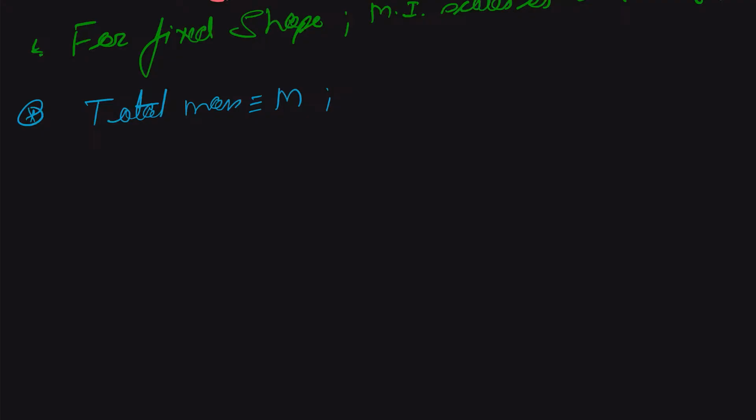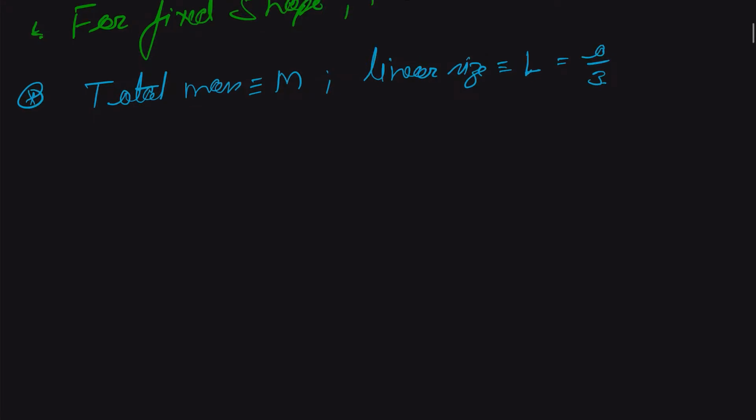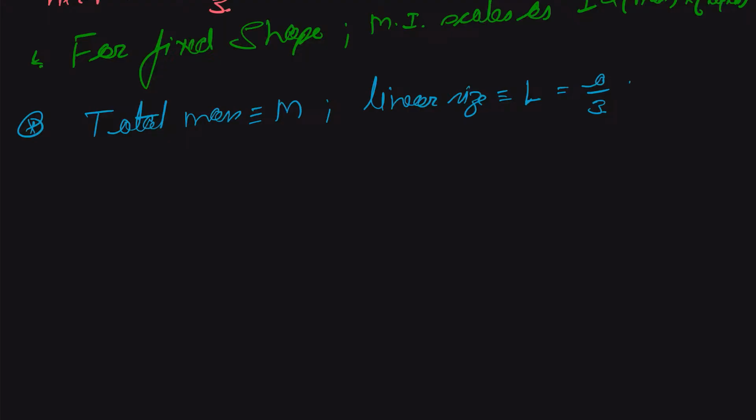So we have a linear size, suppose capital L, and for stage 1 this capital L will be equal to A by 3, and its moment of inertia for the first stage is our I1.